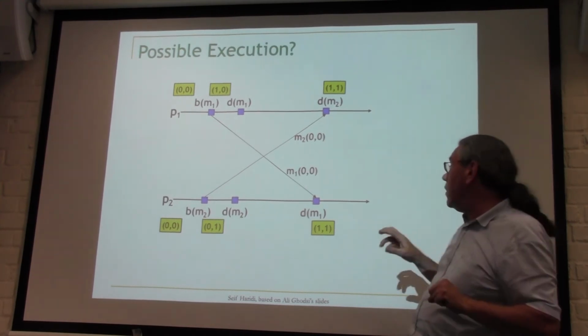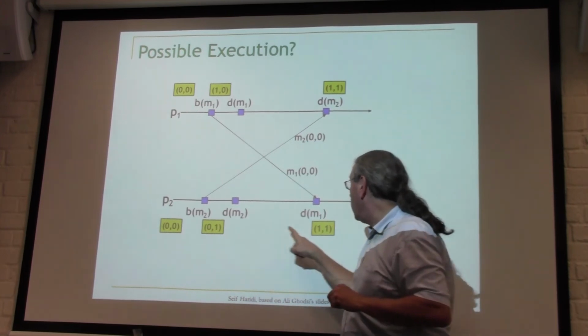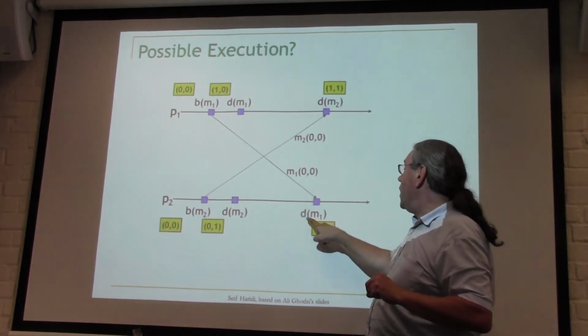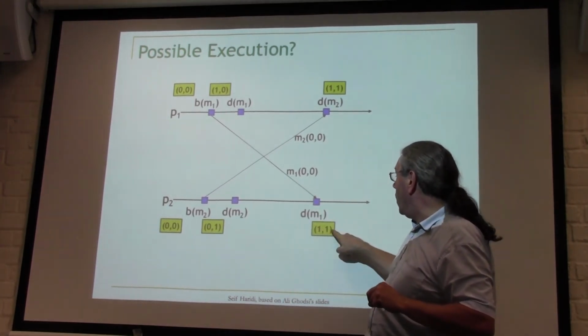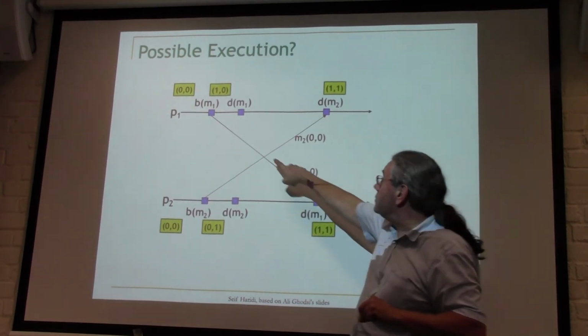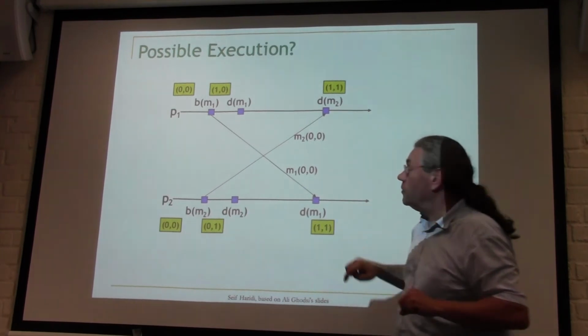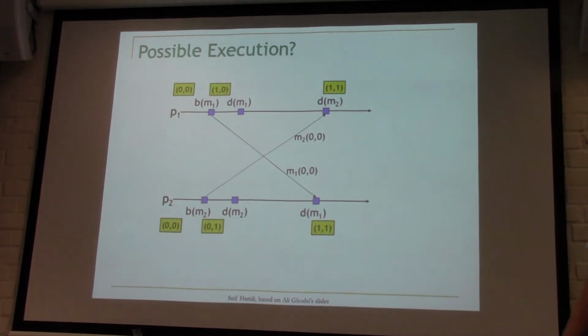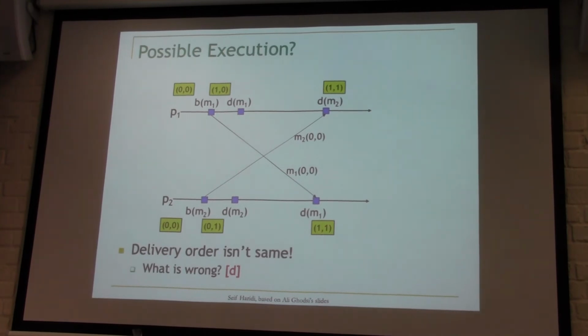It's allowed to be higher. And then once this one is delivered, you get 1, 1 instead of 0, 1, because this first one is coming from P1. Okay, fine. So this is a possible execution. There's just one curiosity here.